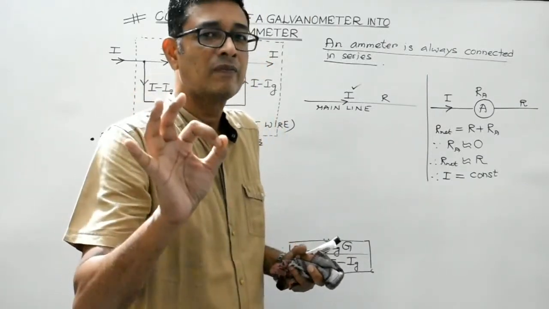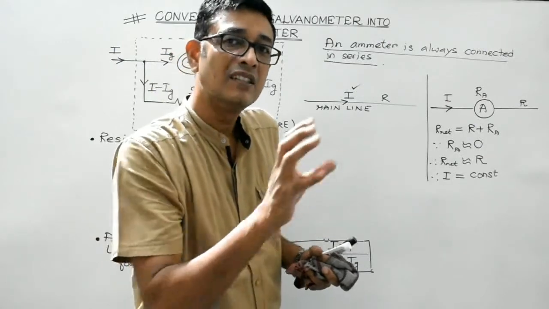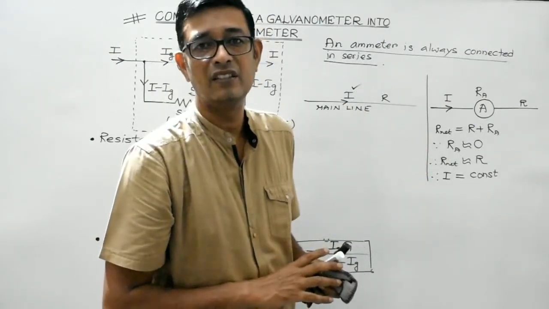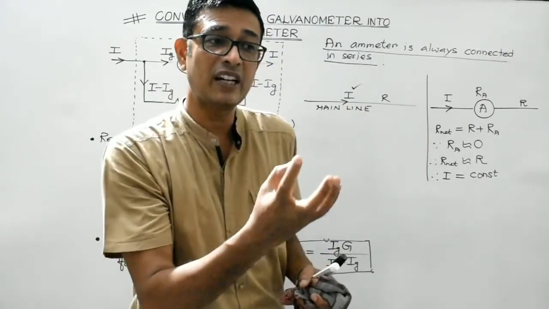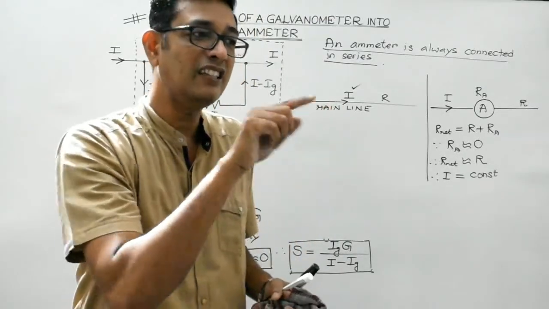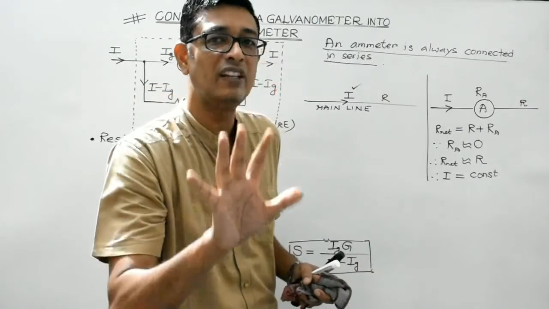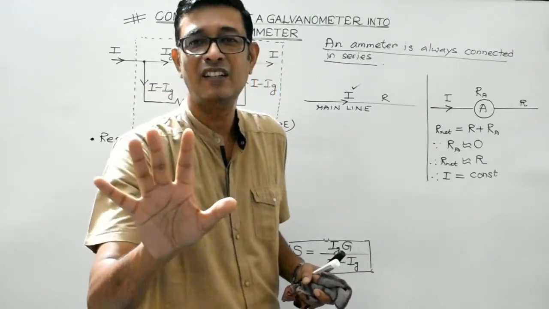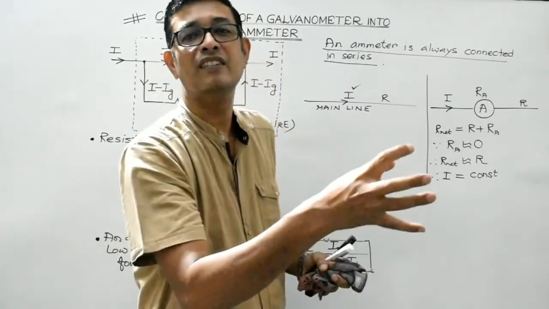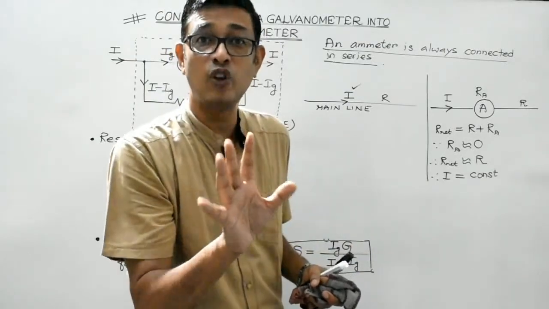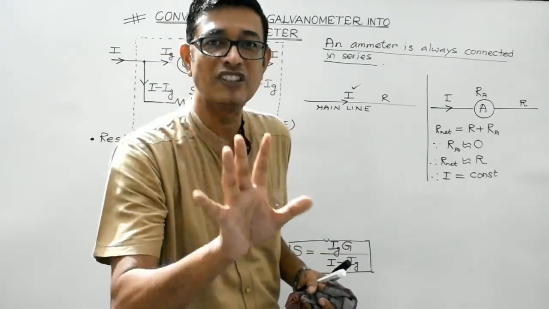So whenever a measuring device is to be connected in a main circuit, it is to be connected in such a manner that the current flowing through the circuit must remain more or less the same. That is, even on connecting the measuring device, the current flowing through the main circuit should remain constant.